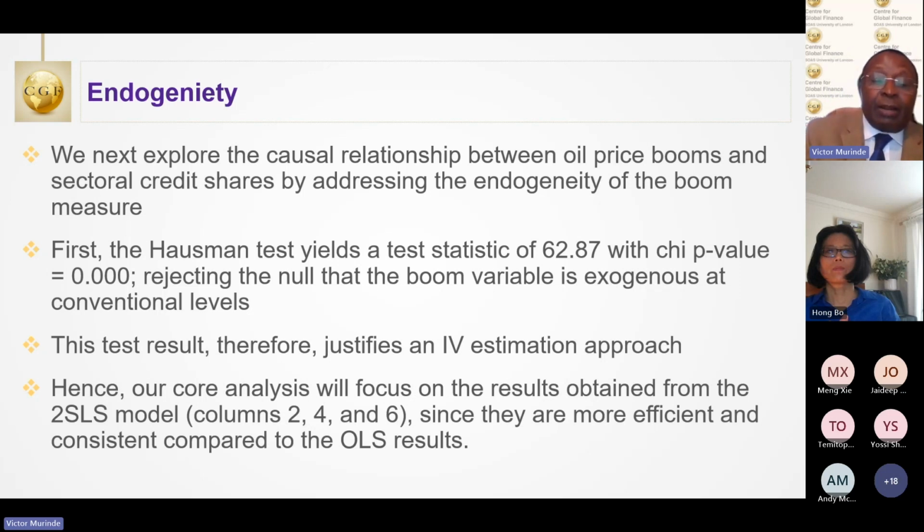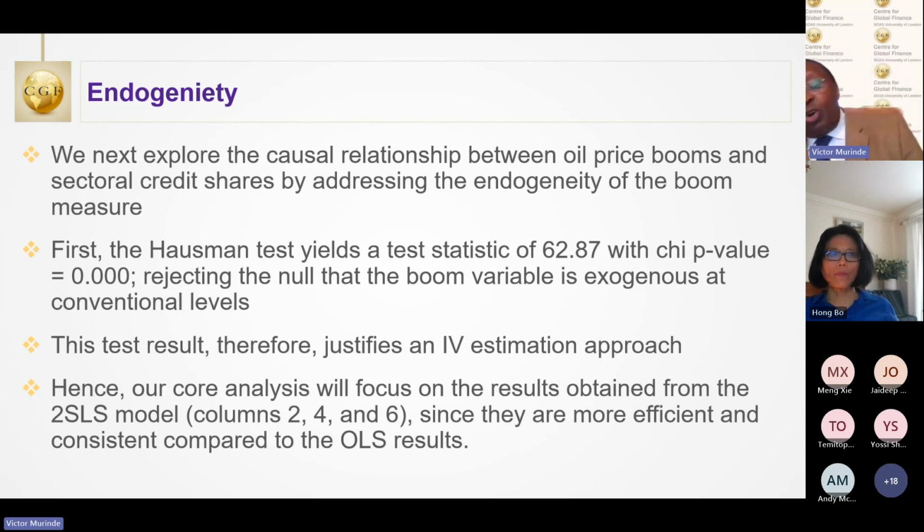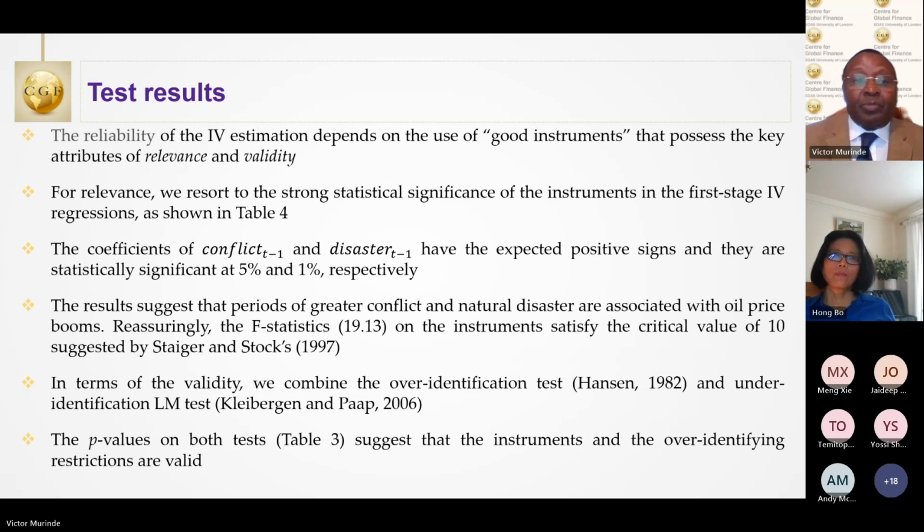This is why we pay more attention to the IV estimation approach rather than the ordinary least squares approach. In the results we show and the ones that will follow, the results we take seriously are those obtained from the two-stage least squares, since they are more efficient and consistent compared to their ordinary least squares counterpart.